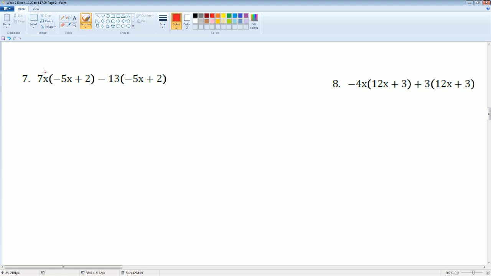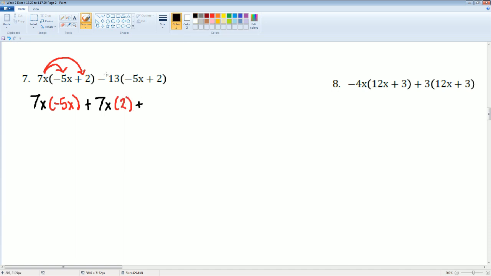All right. Now I'm going to show it. Okay, 7x is going to be multiplied to the negative 5x, plus 7x times 2.